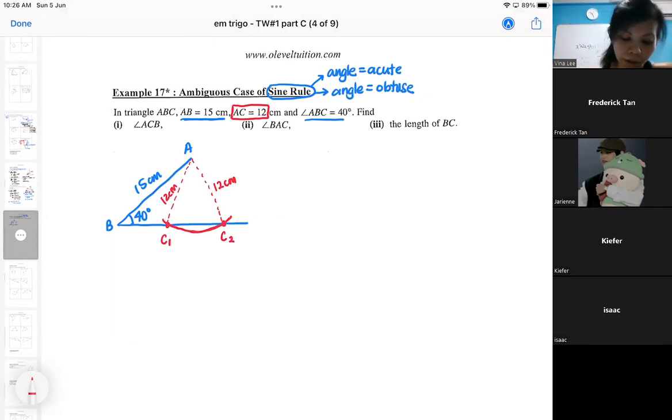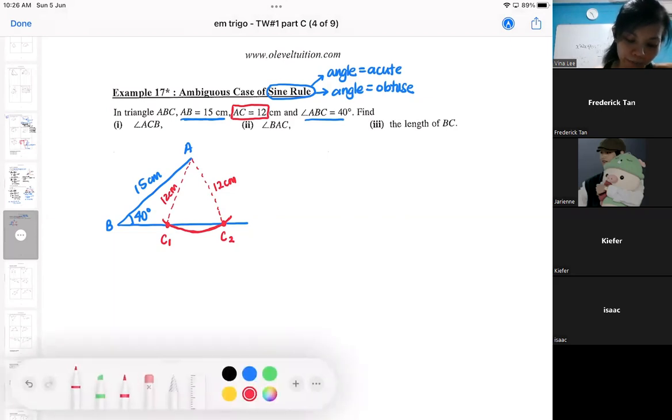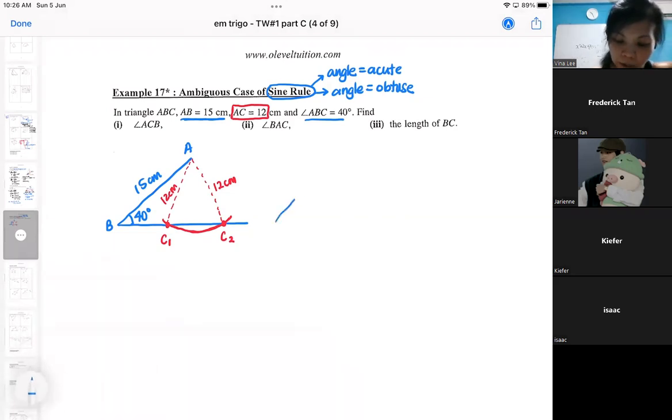Because of this, you actually get two triangles. You can get one triangle that looks like this, or another triangle that looks like this, but the measurement doesn't change.